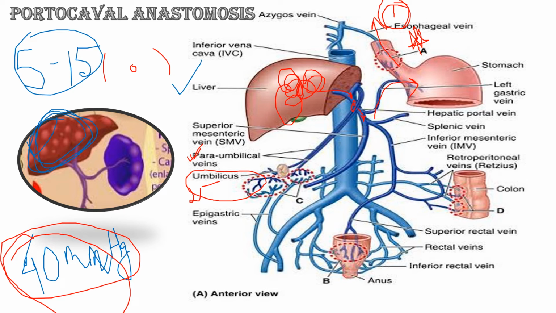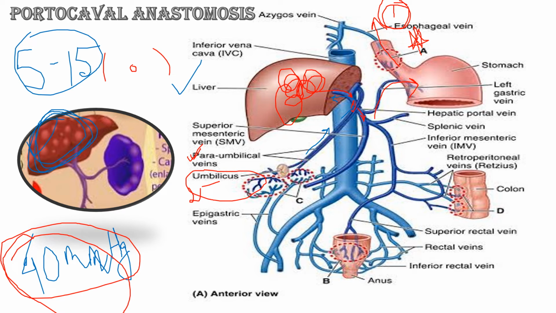So in a normal condition, like you and me, blood from the anterior abdominal wall is ultimately draining into the portal vein, which is again draining into the liver ultimately.